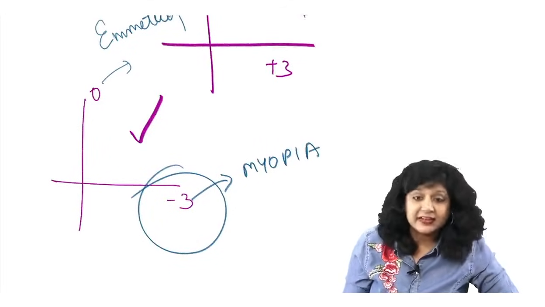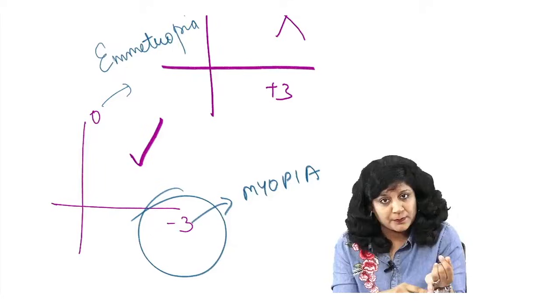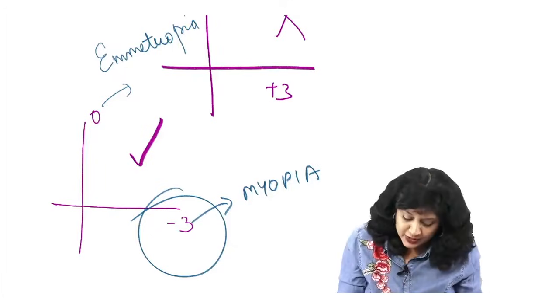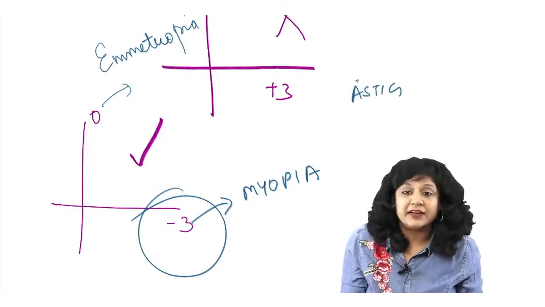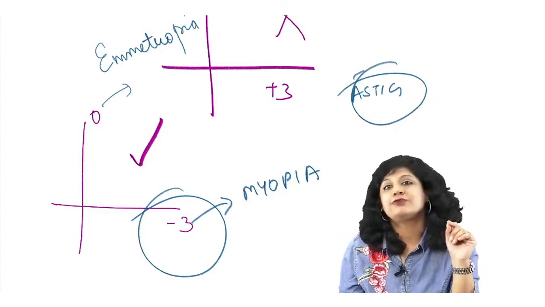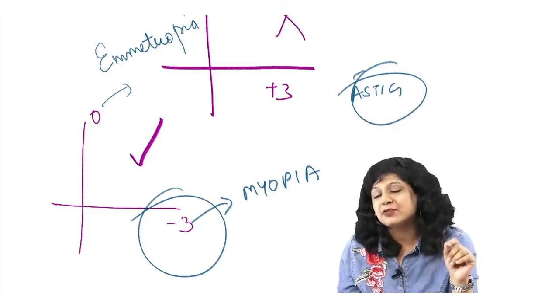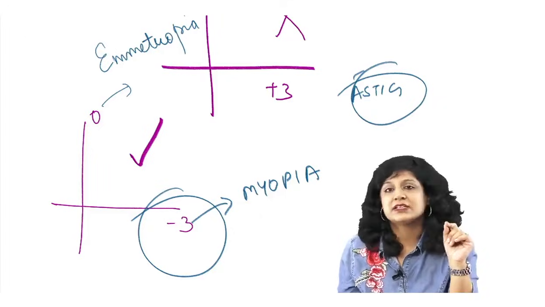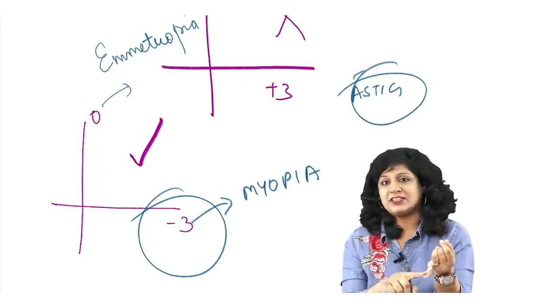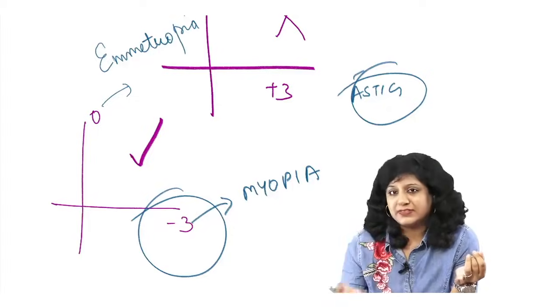So in one meridian the person has emmetropic power, in another meridian myopic power, so it is different. So again astigmatism. This is very important: even if one of the meridians is emmetropic, it is still considered astigmatism. So one thing which is clear, what is astigmatism, right?